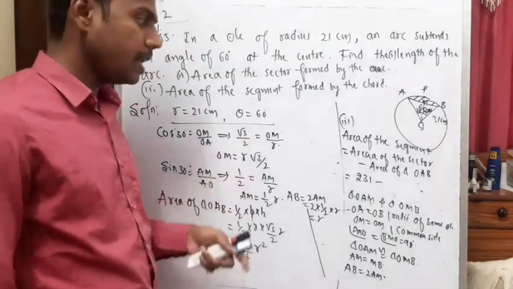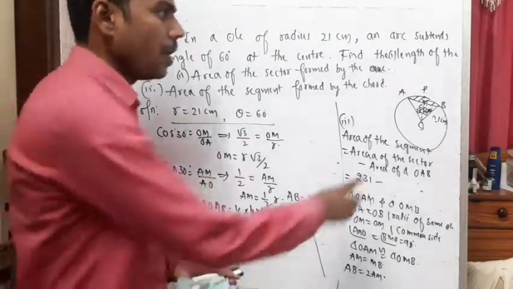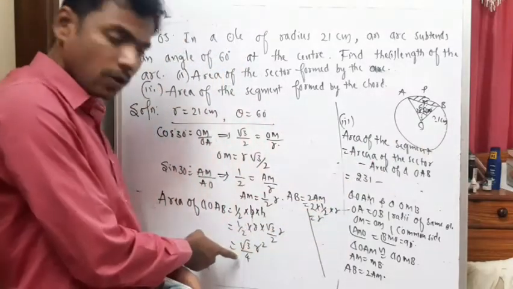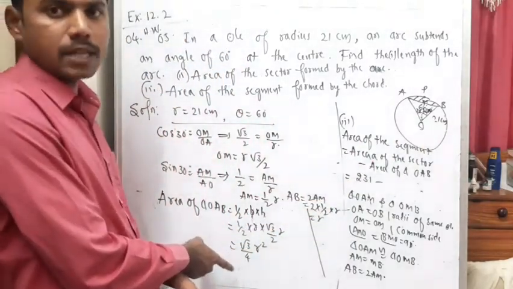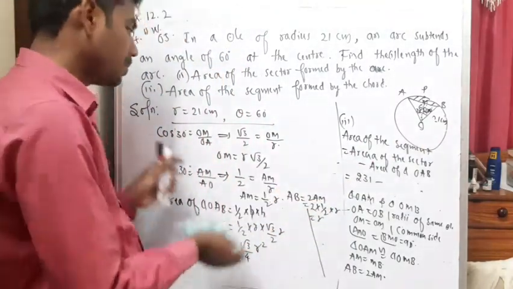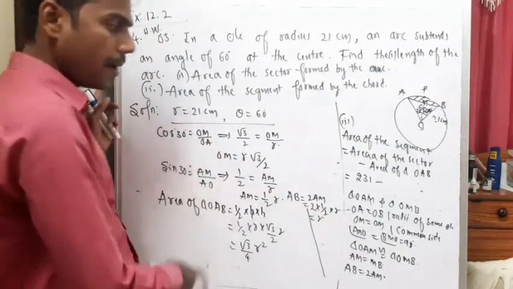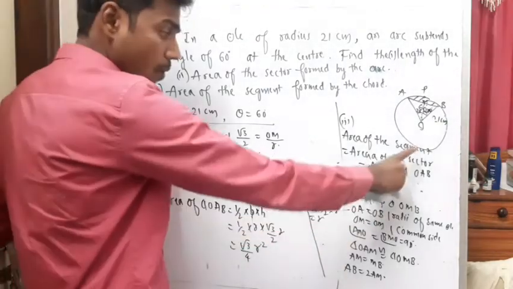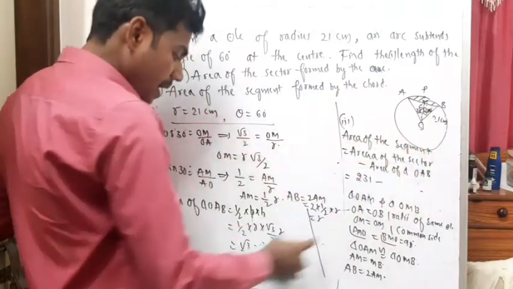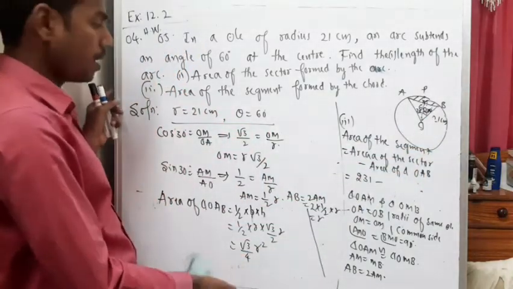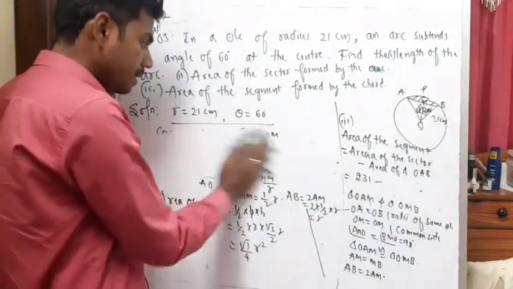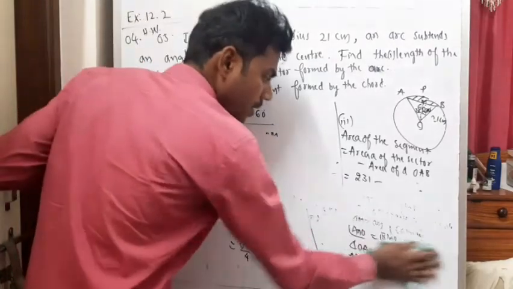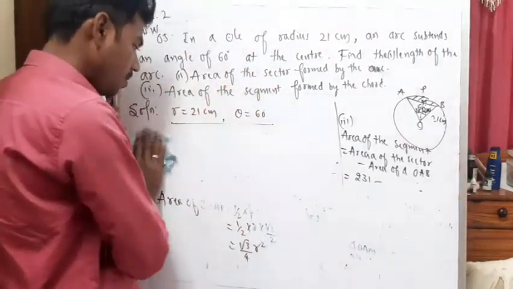In the examination, if you get 60 degree, you are going to write root 3 by 4 R square directly. You need not write all this drama. So I will erase this. I hope you pause the video and note this down.